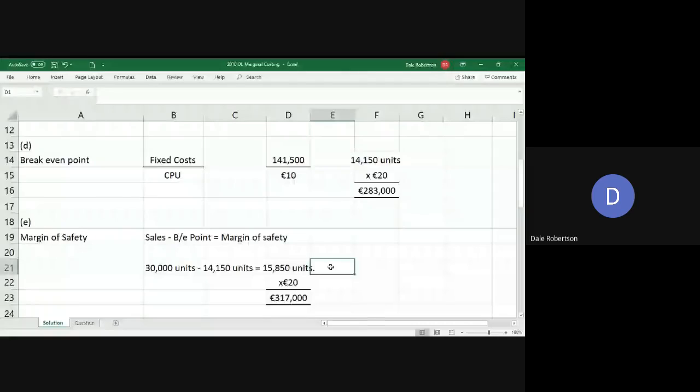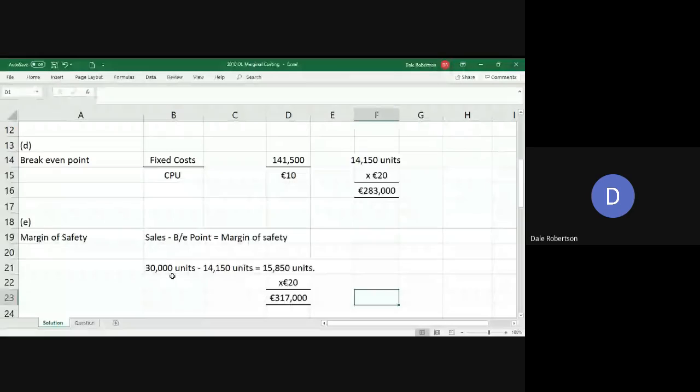So therefore, if we sell 30,000, we know that our break-even point from part D is 14,150. So if you sell 850 units below that, we would make a loss, so we have that margin of safety. And in sales revenue, we just multiply by the €20 per cap, and that's 317,000 euro.